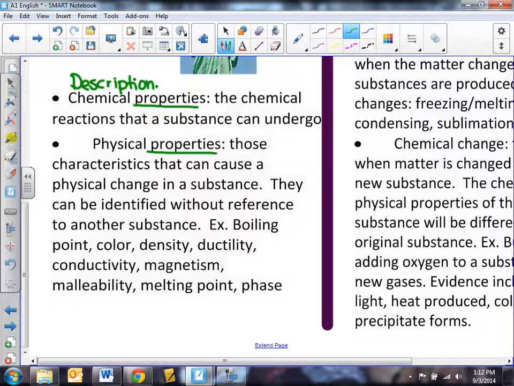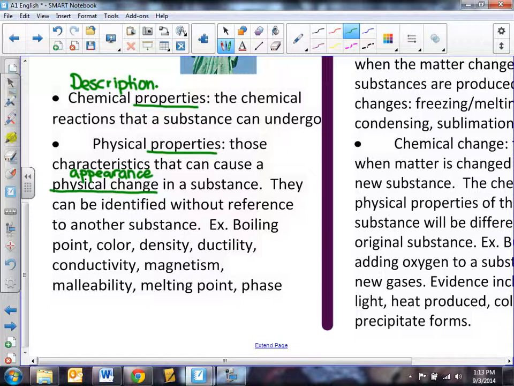A physical property is characteristics that can cause a physical change, and so I'm going to describe what that means with some examples. So a physical property is something that can cause a physical change. I like to use the word appearance here. Not because it's the only thing that's physical, but it's the one that's the most obvious that you would be able to recognize.